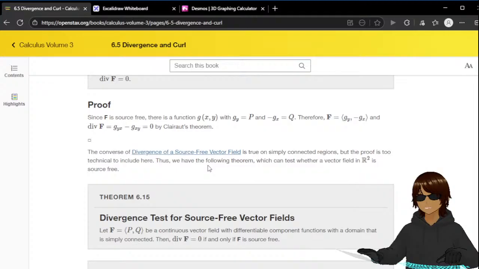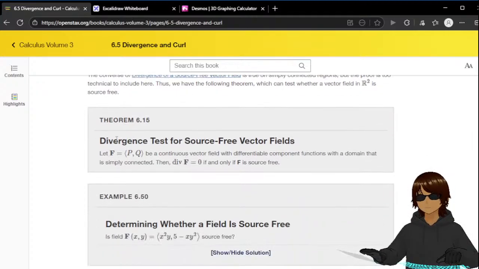Thus, we have the following theorem, which can test whether a vector field in R squared is source free. Divergence test for source-free vector fields: let F = (P, Q) be a continuous vector field with differentiable component functions and a domain that is simply connected. The divergence of F is equal to 0 if and only if F is source free.